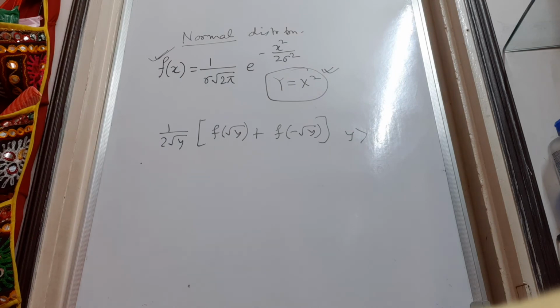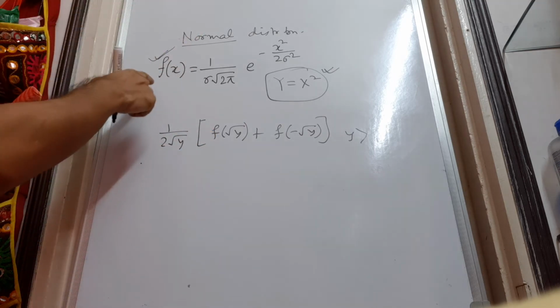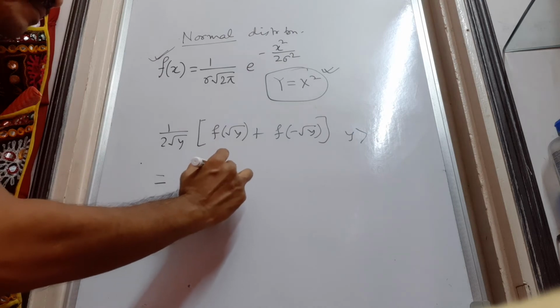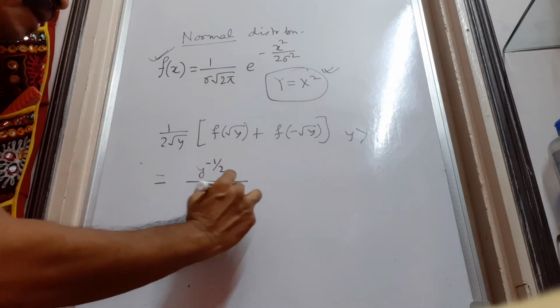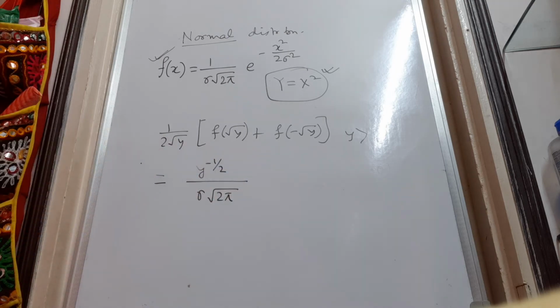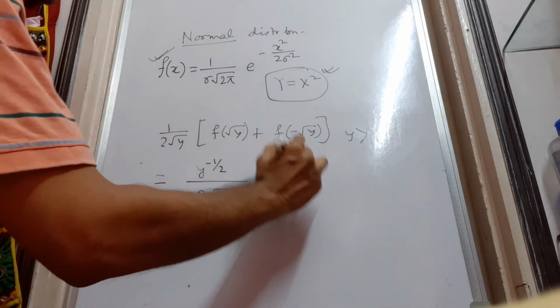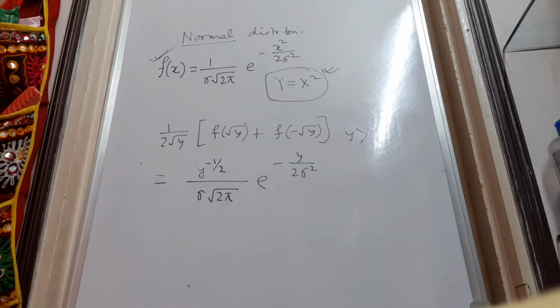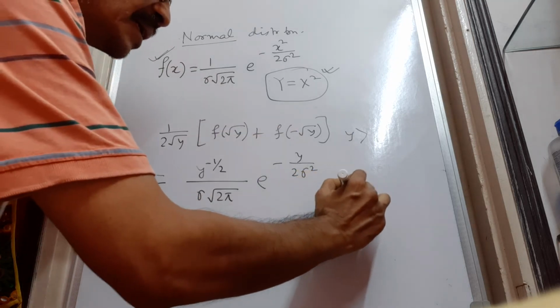And since capital X follows normal distribution, this is the density function. So, we may write this equal to y to the power minus half by sigma root 2 pi and e to the power minus y by 2 sigma square, where obviously this y is always positive.